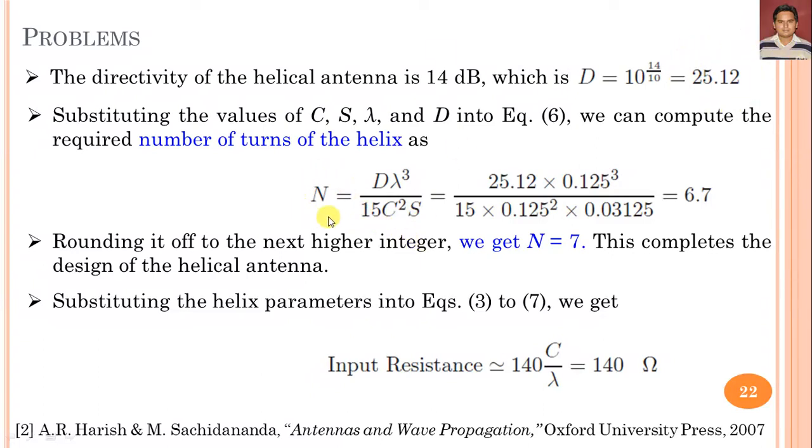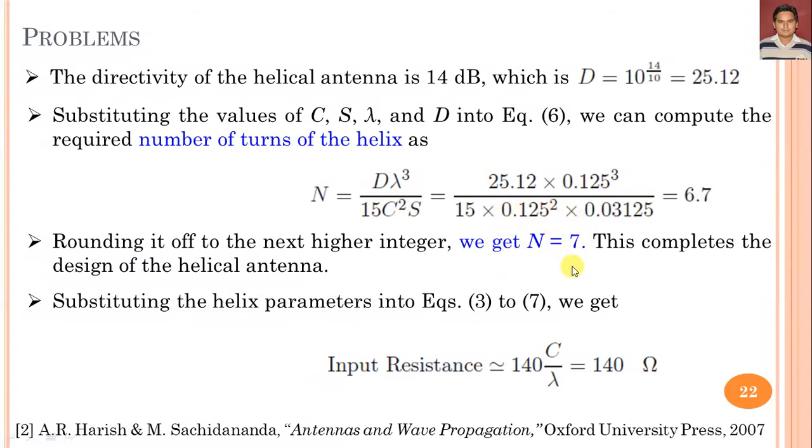So we can calculate the number of turns, which is equal to 6.7. Rounding it off to the next higher integer, because it is above 6.5, we are considering N equal to 7, and we can say that the helical antenna operated in an axial mode for a directivity of 14 dB requires the number of turns N equal to 7.